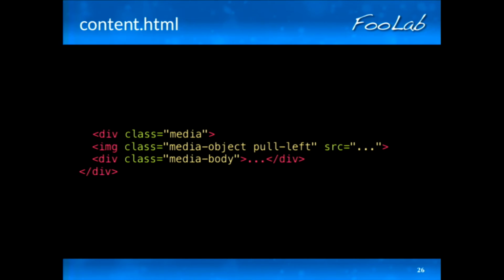Now, the images aligned with the text that I showed you for the speaker profile. You can use a wrapper called media, and then you'll have a media object, which is the image, and you tell it pull left or pull right, so it's going to float them appropriately. Then the actual content that you're going to put, whatever you like, is going to be in media body.